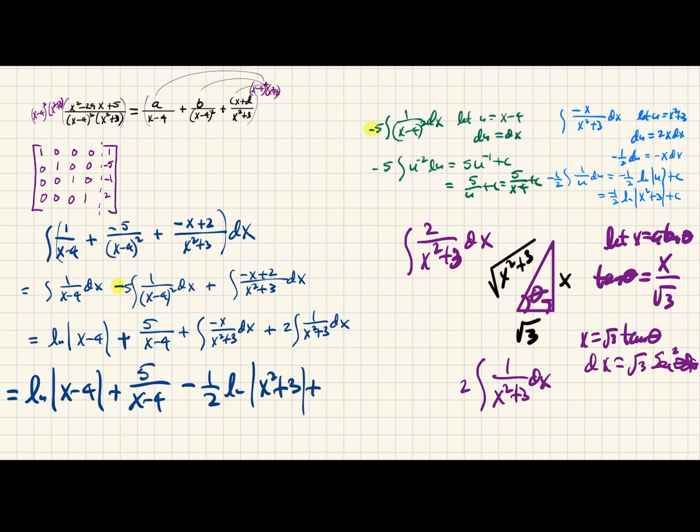And square root x squared plus 3. Oh, wait a second. I don't have square root of x squared plus 3. I have x squared plus 3, don't I? Is that a problem?